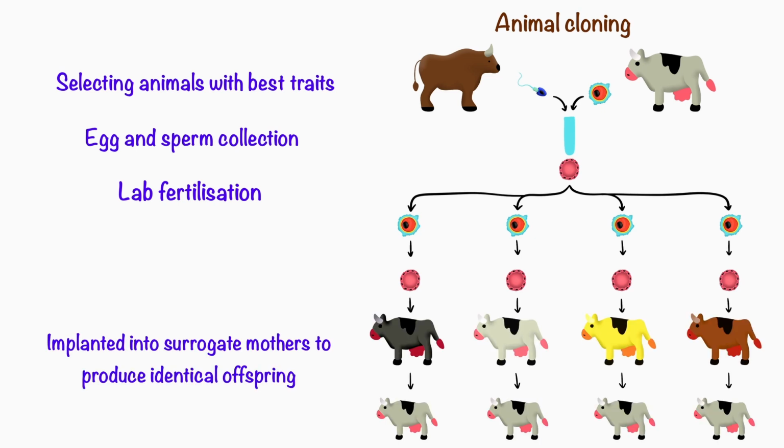These cloned embryos are implanted into surrogate mothers who carry them to term. The resulting calves are genetically identical to each other, though not to the surrogate mothers who birthed them. This technique can produce hundreds of elite offspring annually from a single genetic pairing.